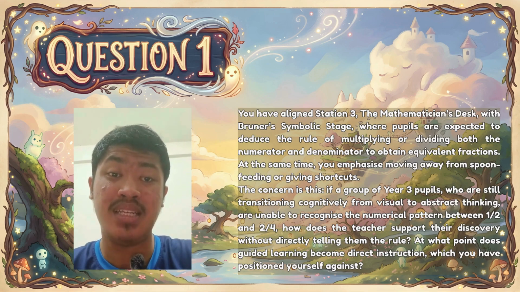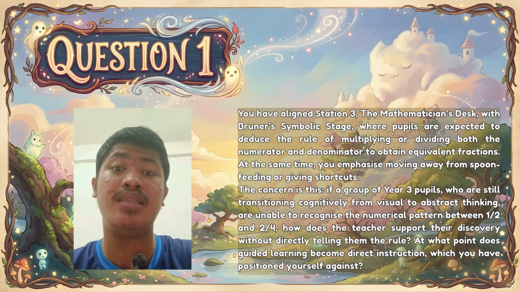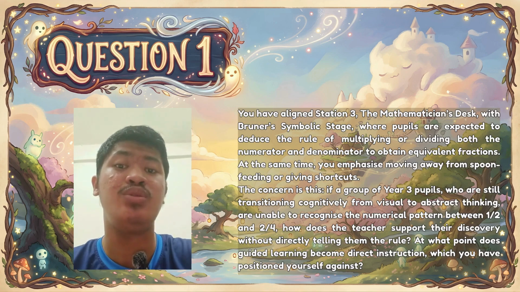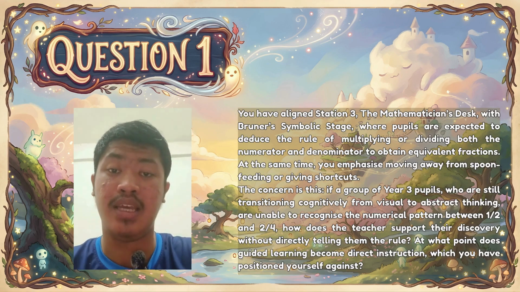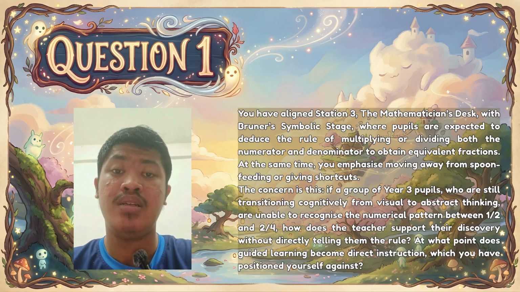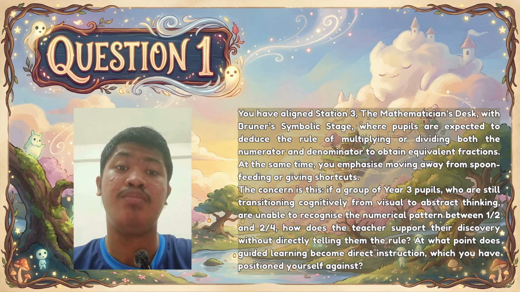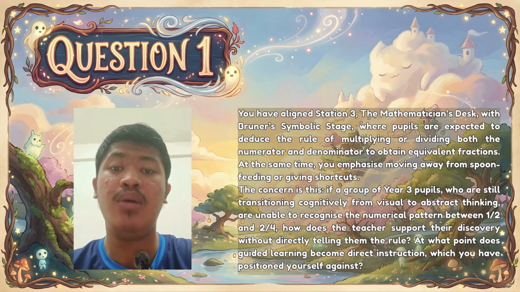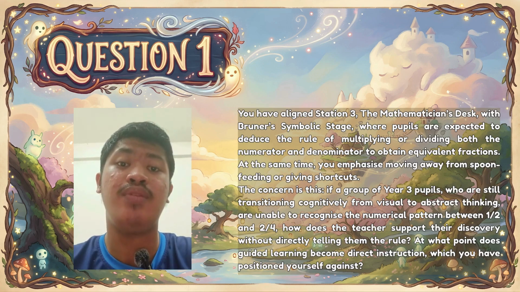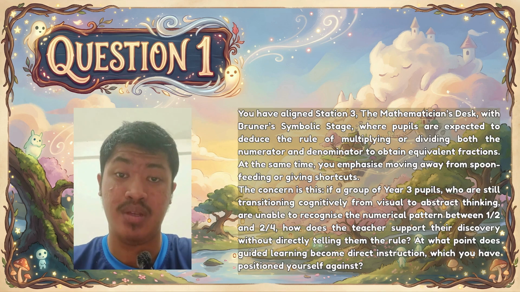So, the concern is this. If a group of Year 3 pupils who are still transitioning cognitively from visual to abstract thinking are unable to recognize the numerical pattern between 1/2 and 2/4, how do teachers support their discovery without directly telling them the rule?